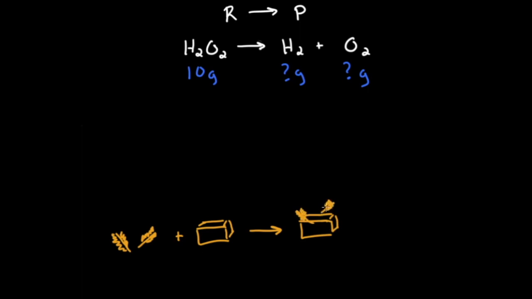And let's say we have 10 grams of each of these. I have 10 grams here, and I have 10 grams here, and I'm going to figure out how many grams over here am I going to end up making. Well, you wouldn't think about this in terms of how many grams of feathers you have. You would think about this in terms of how many individual feathers you have to combine to this brick over here, how many individual bricks you have.